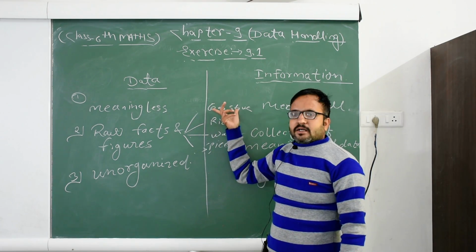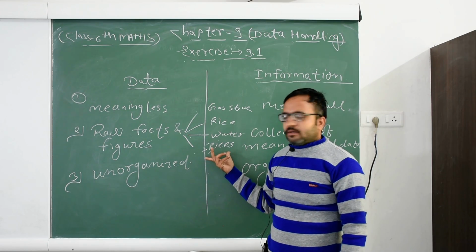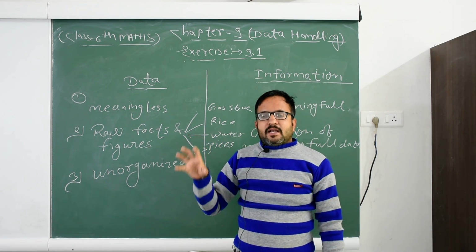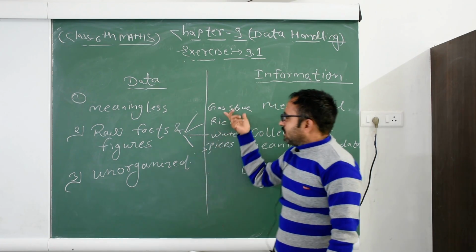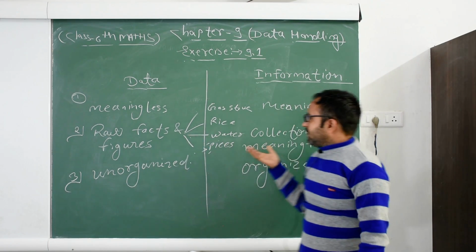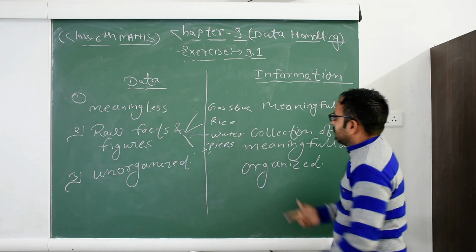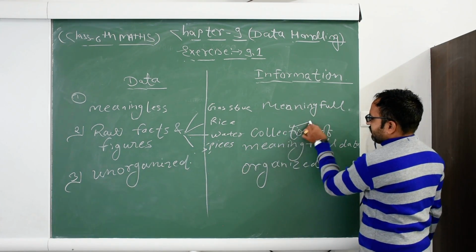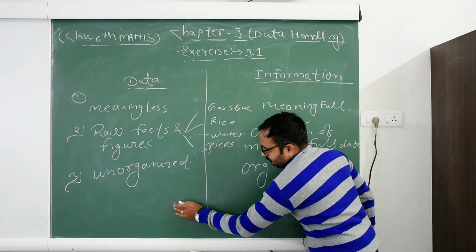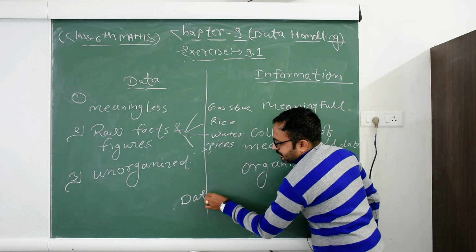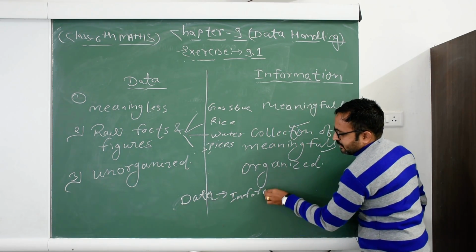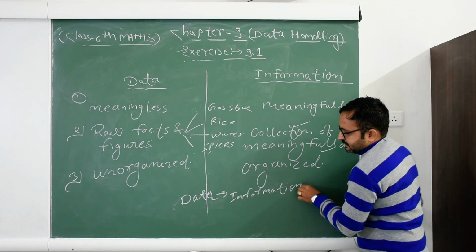After the collection of all raw material, we apply a specific operation, like mixing all the objects, and after that we prepare the khichdi. So khichdi is your meaningful information.